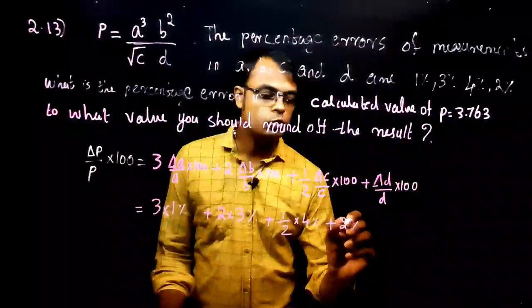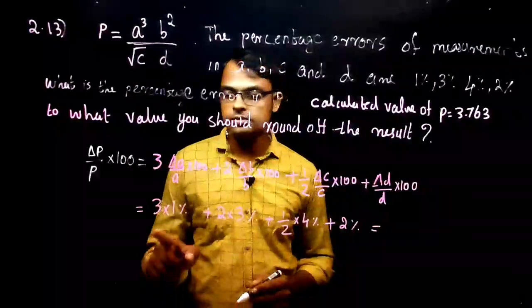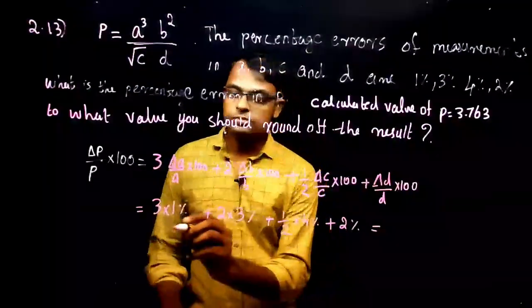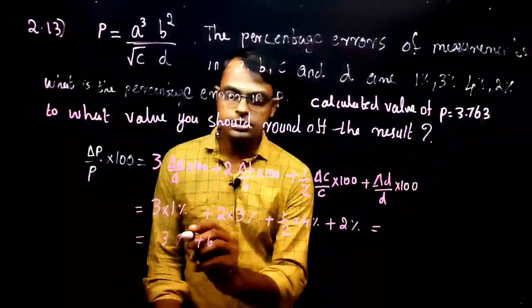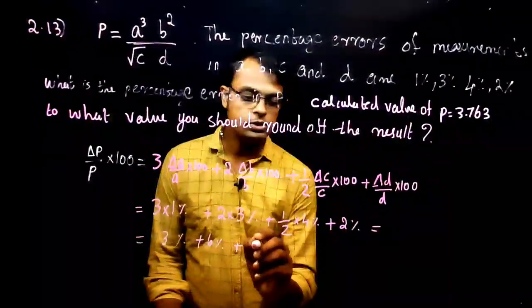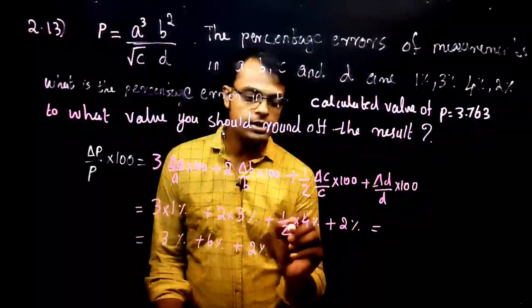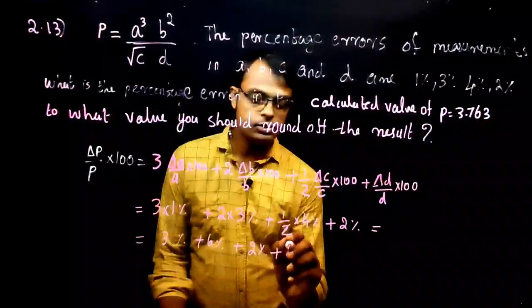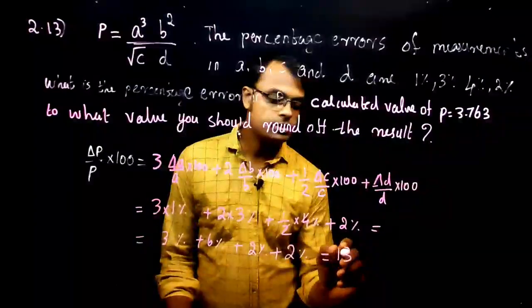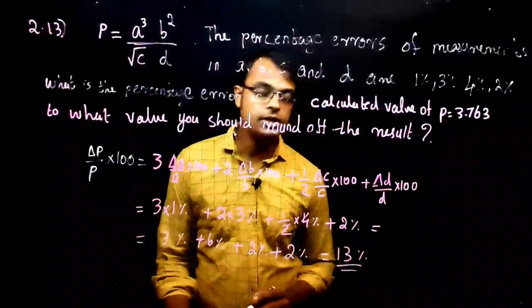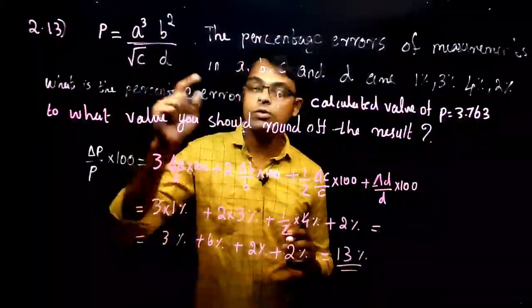That is 2%. So what is the final answer? This is equal to 3 plus 6% plus 2% plus 2%. This will cancel 2 and plus 2%. So what is the final answer here? The answer becomes 13%.